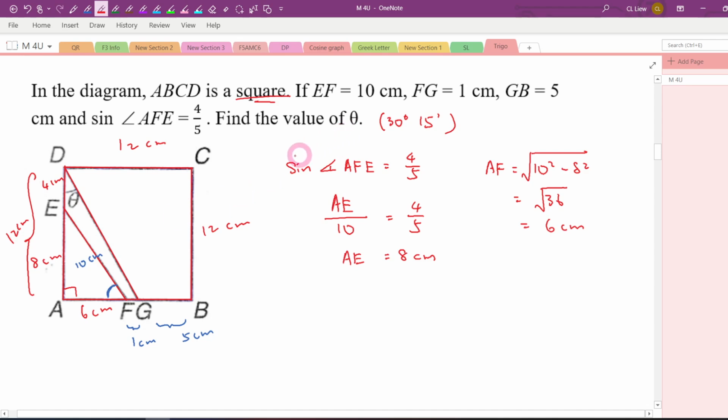Find the value of theta. Look at this triangle. Now forget about the EF. Just ignore the EF. Just look at the triangle AGD. If you're confused, let me draw it over here.